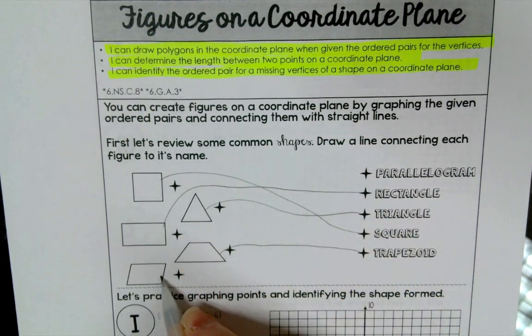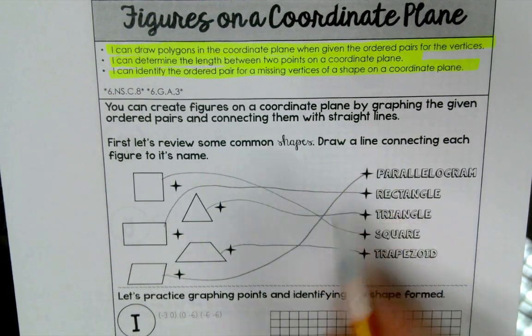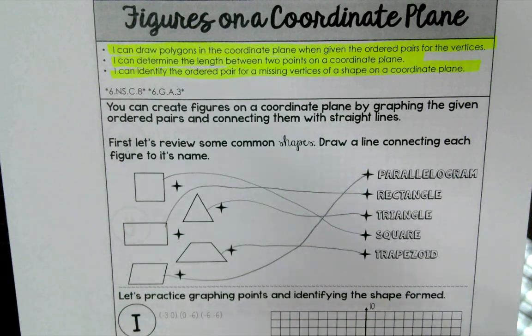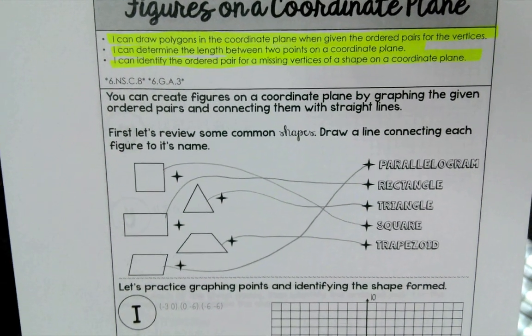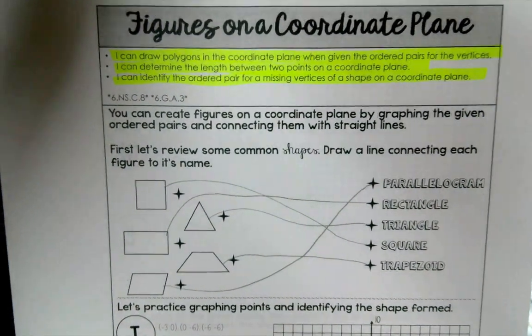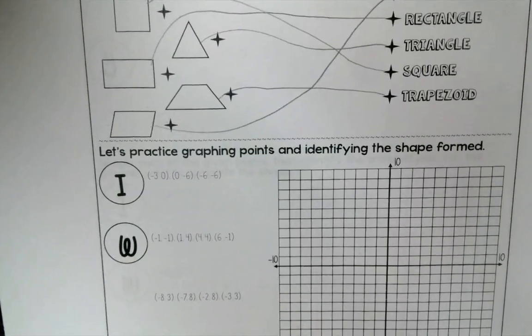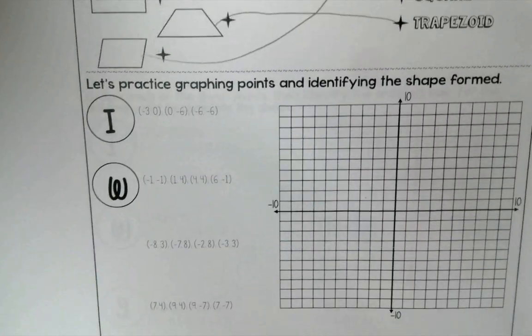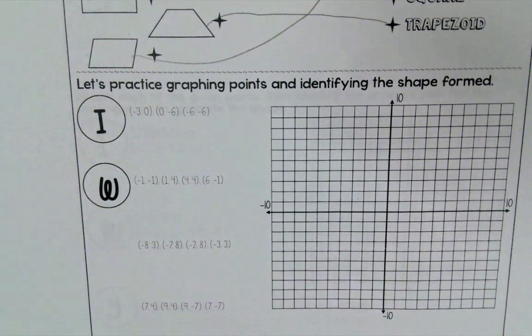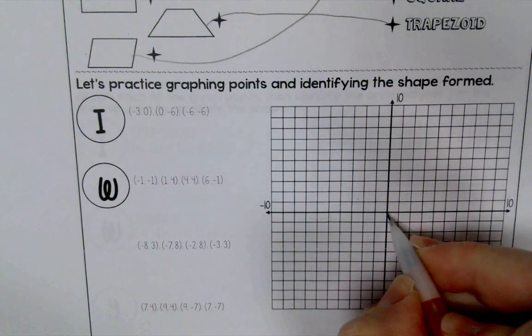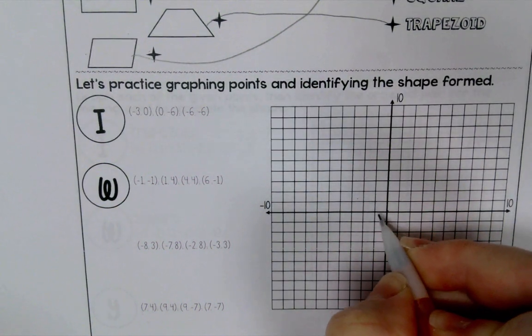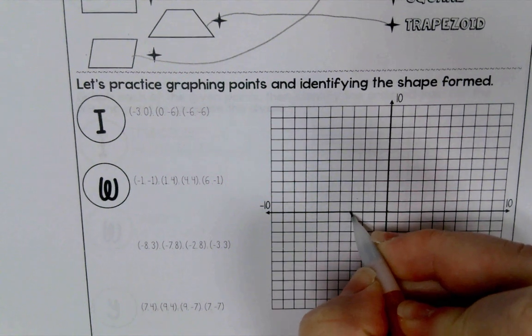And then we have our parallelogram, okay, where opposite sides are parallel. But we're going to practice graphing points and connecting these points and identifying the shape form. And that's what we're going to talk about, a vertice. So the first one, I'm going to start from my origin, and I'm going to go -3, which is to the left. 1, 2, 3, and it says 0.